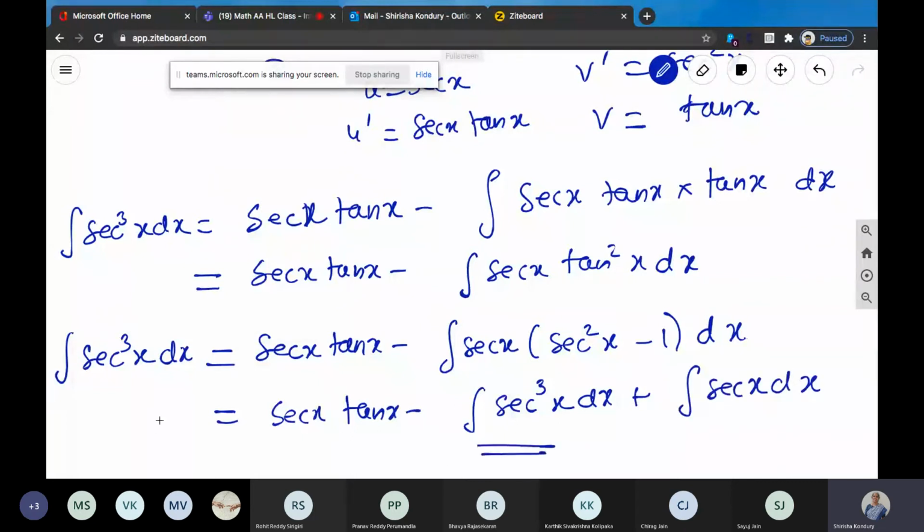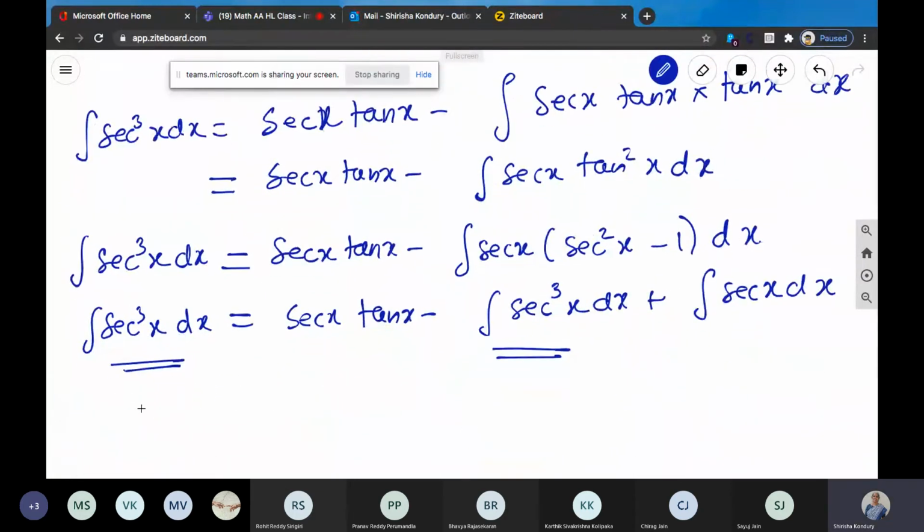Oh, this is my question. This is what I have on the left hand side as well. So let me collect these two like terms. So 2 integral of secant cube x dx is secant x tan x.